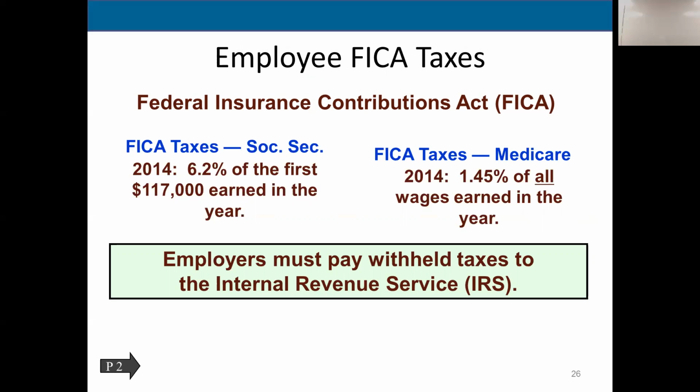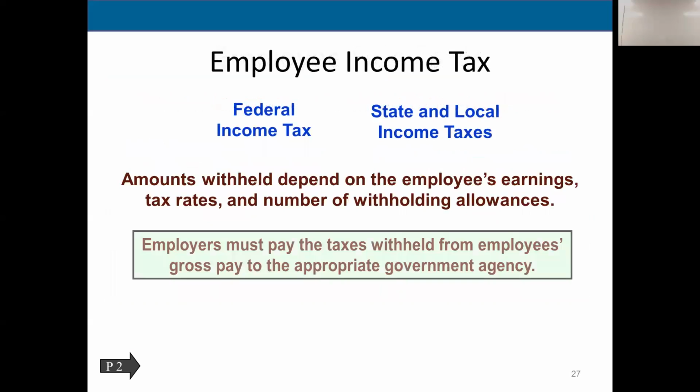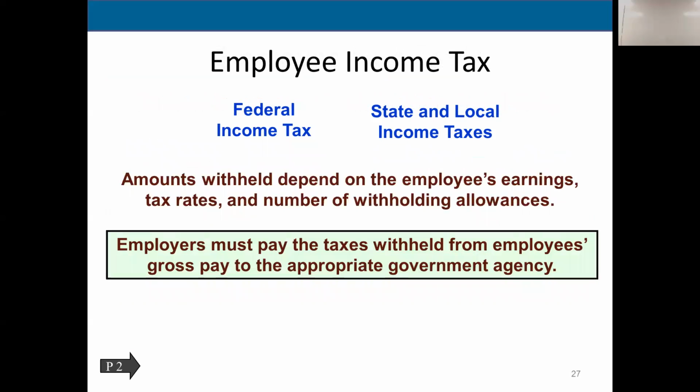So on some schedule with the IRS, weekly or monthly, your employer is taking those taxes that they withheld of your money, and they're making those payments on your behalf to the IRS. Unless you file exempt. All right, now, employee income tax.